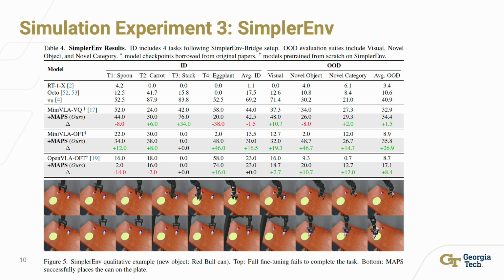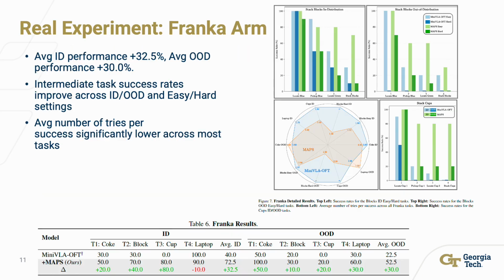Most notably on MiniVLA-OFT, MAPS improves average ID by 17% and average OOD by 27%. Finally, on Franka, MAPS improves average ID by 32.5% and average OOD by 30%. We hypothesize that MAPS demonstrates more marked improvements on the real-world setting due to even greater data sparsity, which exacerbates the overfitting issue on vanilla fine-tuning.